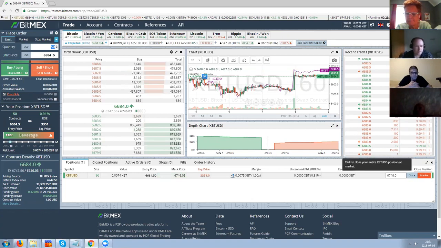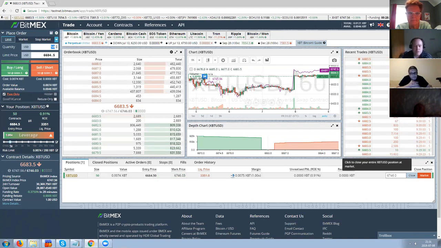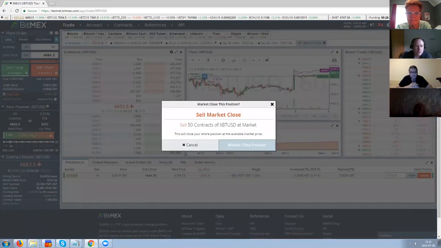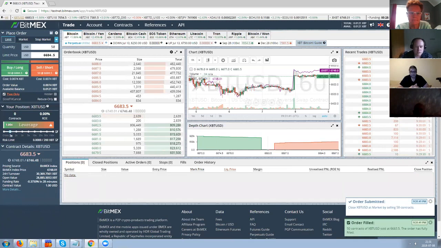But for illustrative purposes, I will just close it at the market order, and then it will be gone. It says sells 50 contracts of XBT USD at market price. This will close the entire position at the available market price. Then I just close the position, and it's sold. 50 contracts sold at 83.5. The order is fully filled.